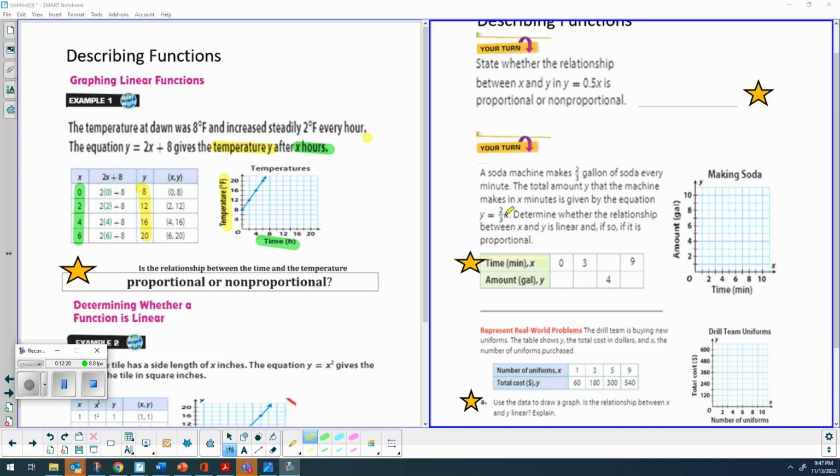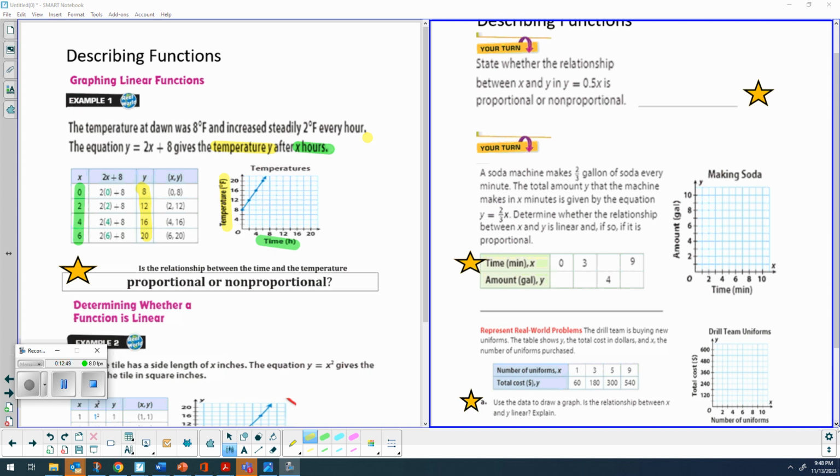So if you're given an equation, plug the rule into Desmos, especially when you have blanks on your table. Based on your graph or your table, check your linear, nonlinear sheet and say whether this is linear or nonlinear. You only have to say if it's proportional if you determine that the relationship is linear.